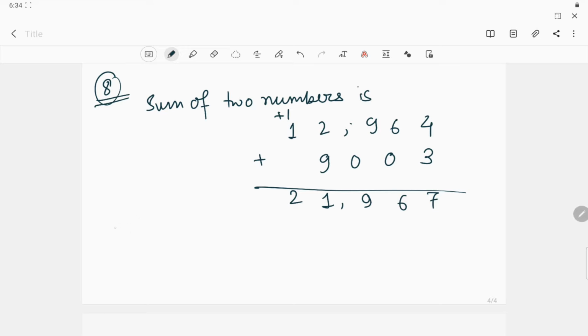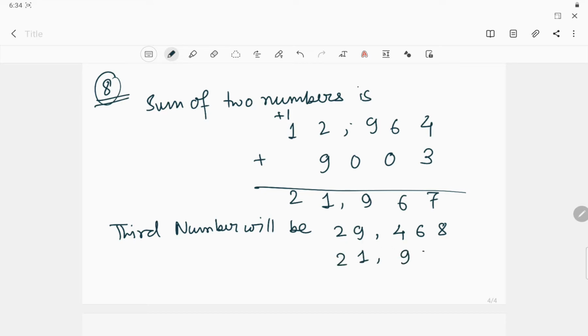So the third number will be, because the sum of three numbers is given, write down the bigger number above the smaller number, that is given, the sum of two numbers, and subtract it.